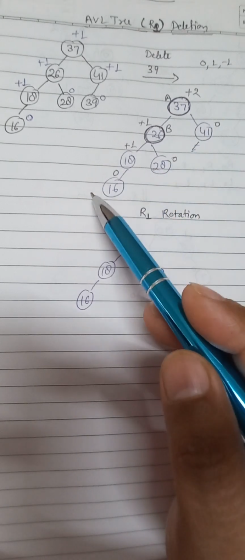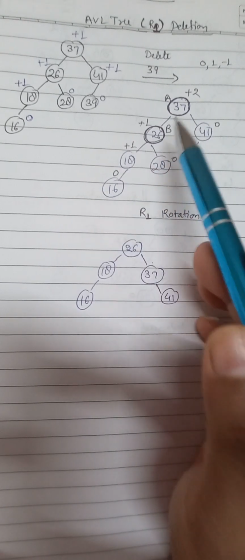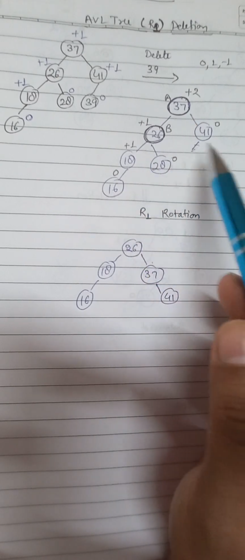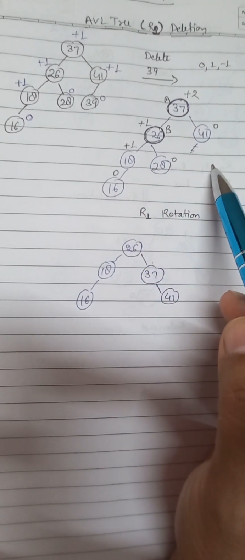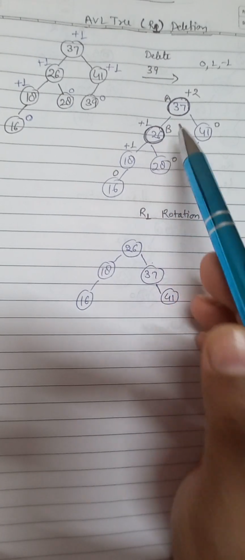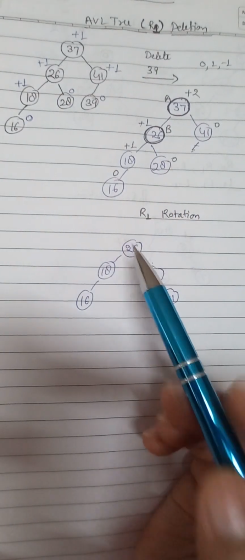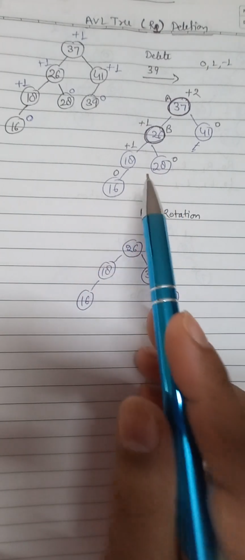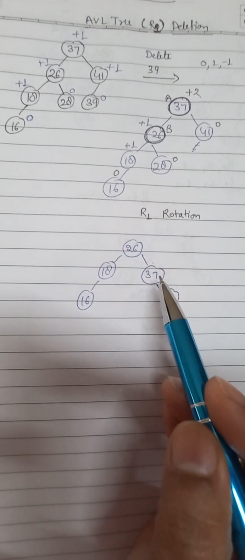So whatever nodes are less than the root node, that will come left hand side. Whatever node are more than the root value, that will come on right hand side. So earlier 28 was on left hand side because 37 was the root. Now the root is 26, so it can't come on left hand side, it should come on right hand side.